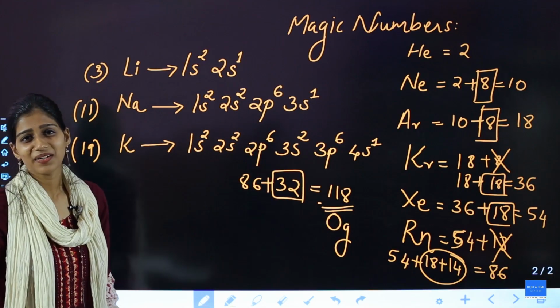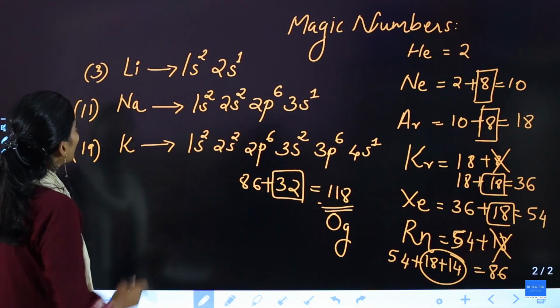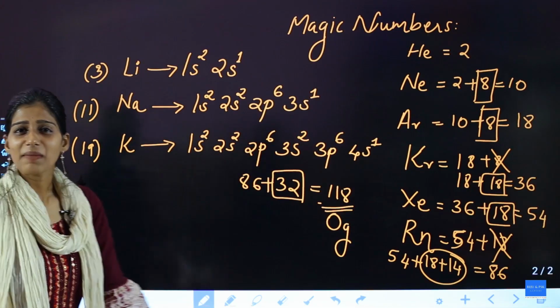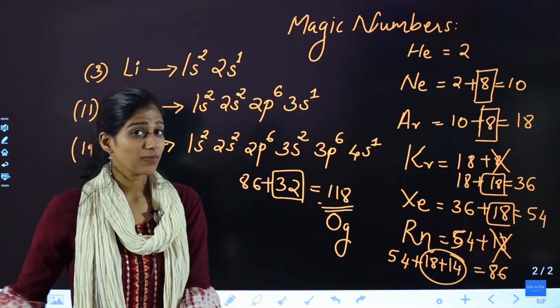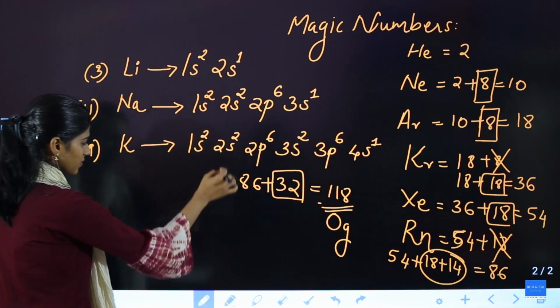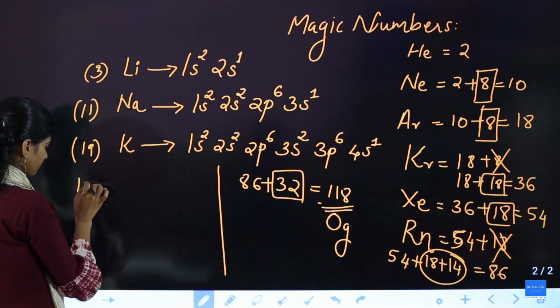So, we are back here. You have lithium and lithium is having atomic number 3 and you know that 2 is the atomic number of helium. So, I am considering lithium.